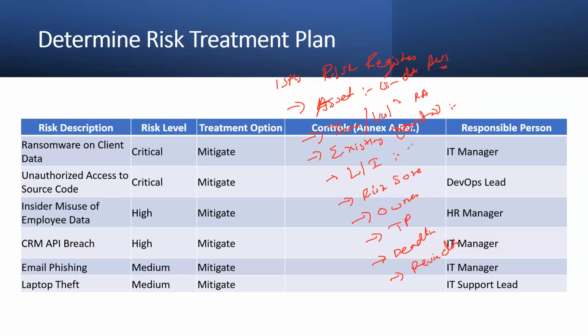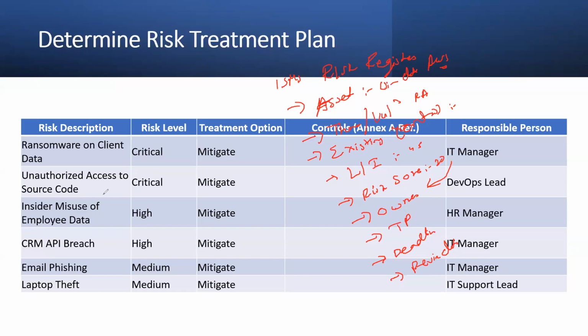Likelihood and impact: what is the likelihood? 4. Impact is 5, critical. What was the risk score? I guess we got 20 as the risk score. Who is the owner? The IT manager is the owner over here. Apart from that, what is your treatment plan? Deploy an EDR solution, enforce immutable backup, conduct phishing drills inside the organization.